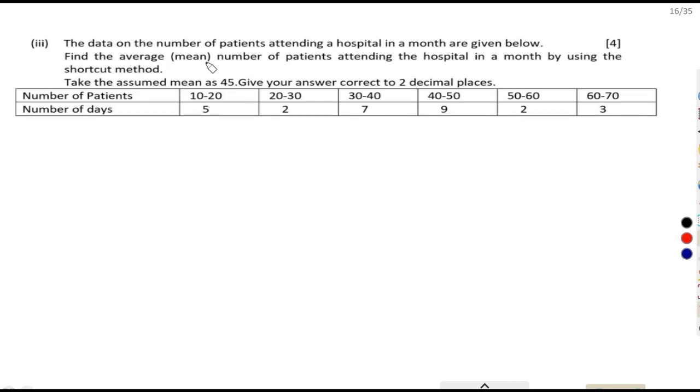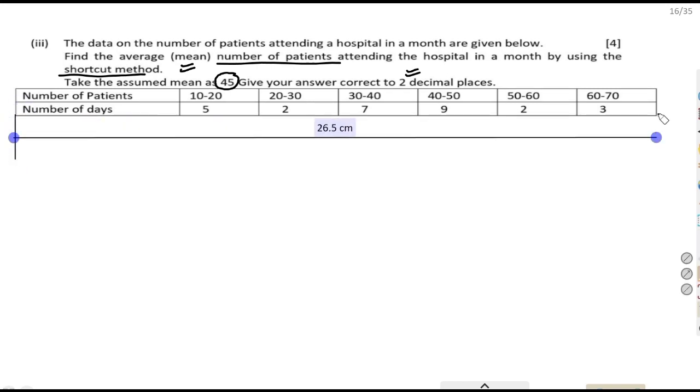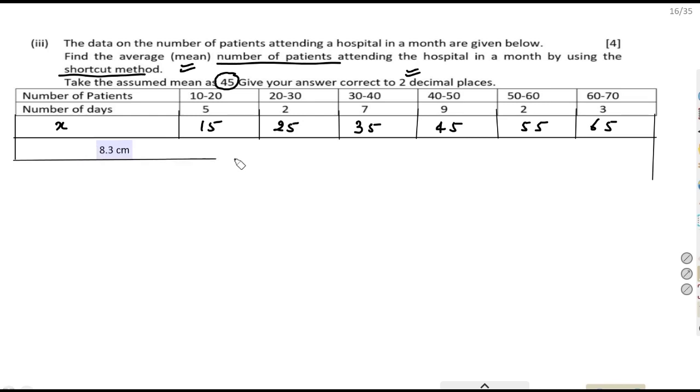Find the average mean number of patients, means we have to find mean. Using shortcut method, assumed mean we have to take 45 and give your answer correct to 2 decimal places. Now we are finding deviation.